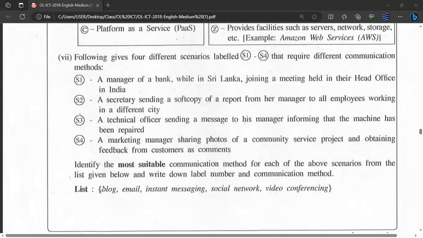So what is the most suitable answer? So for S1, the most suitable answer is going to be video conference, right? This one, the most suitable answer is video conference. S1, right? Video conference.